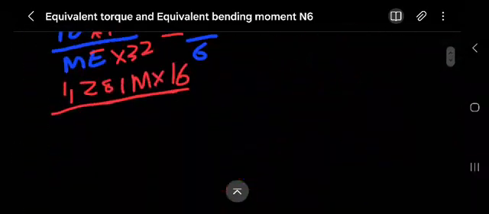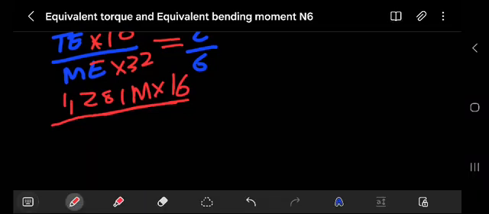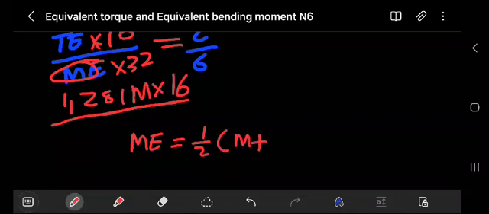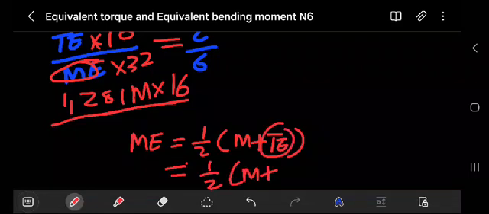Since I don't have M_E there, let me calculate it. I don't know M_E, but I know that M_E can be calculated by 1 over 2 times M plus τ_E. You're with me there. So I know this, it's 1 over 2. You don't know τ_E, but what is on the top is this one.